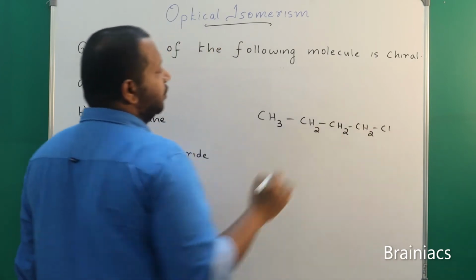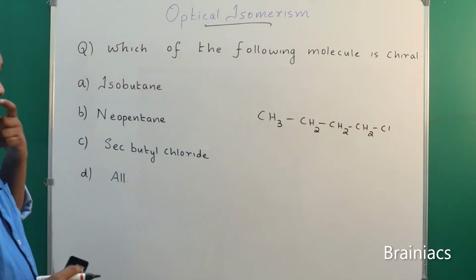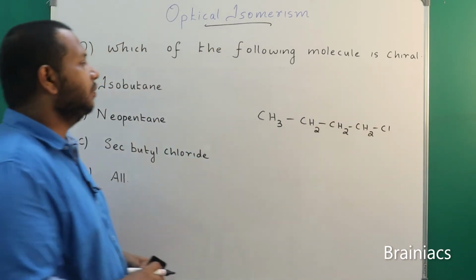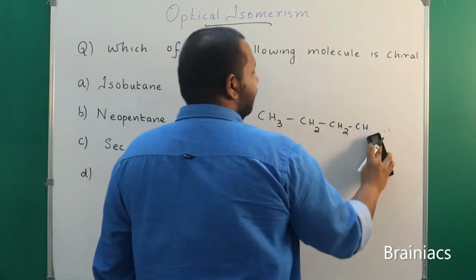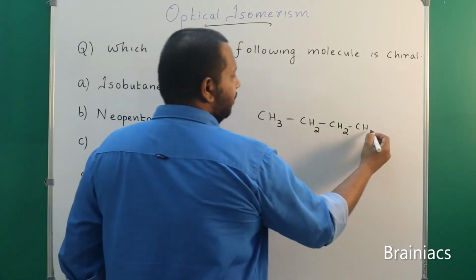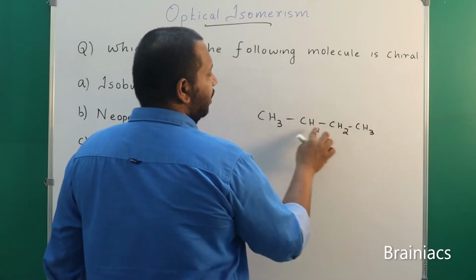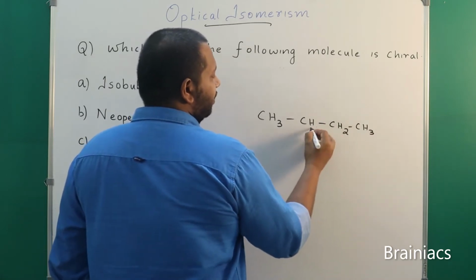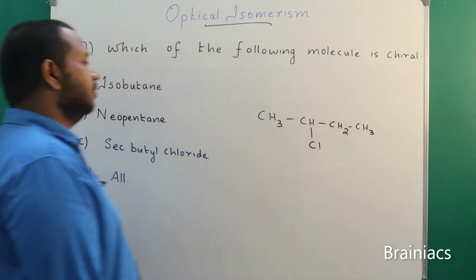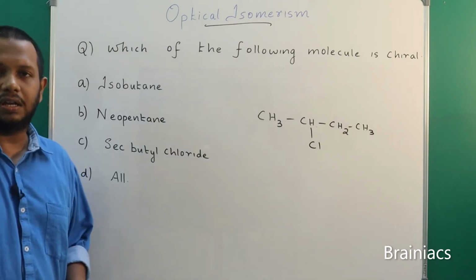This is normal butyl chloride. Now they are saying secondary butyl chloride, which means we need to draw this chlorine at the secondary position. That will be either here or here. So I can write the chlorine here. This is called secondary butyl chloride.